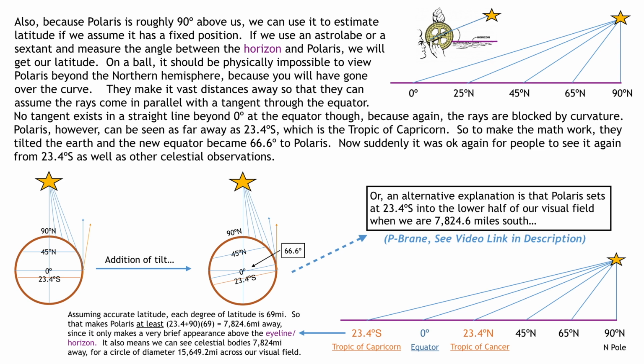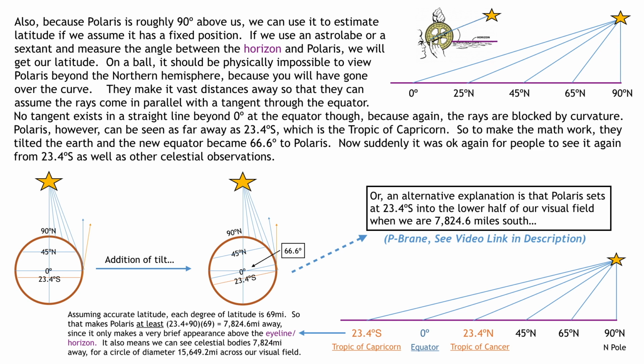So here we have our Earth and our distant star coming in. We could model this as very distant, very far away, and it could assume parallel lines. And then we cannot see it at this point at 23.4 degrees south, but if we then tilt the Earth 66.6 degrees to Polaris, then we can see it again. It creates a tangent line that is acceptable.